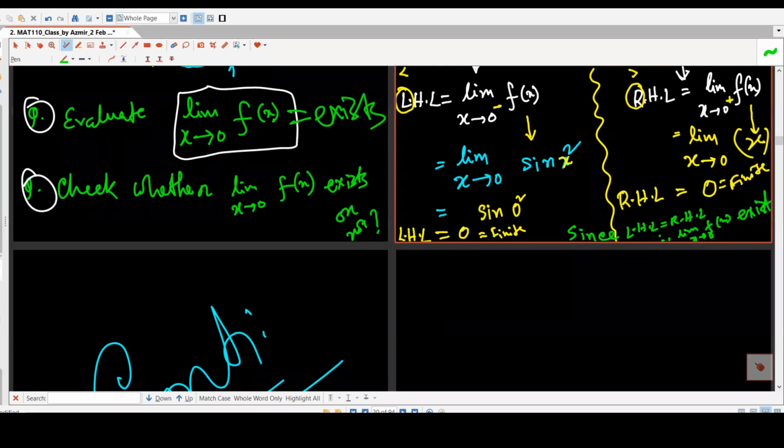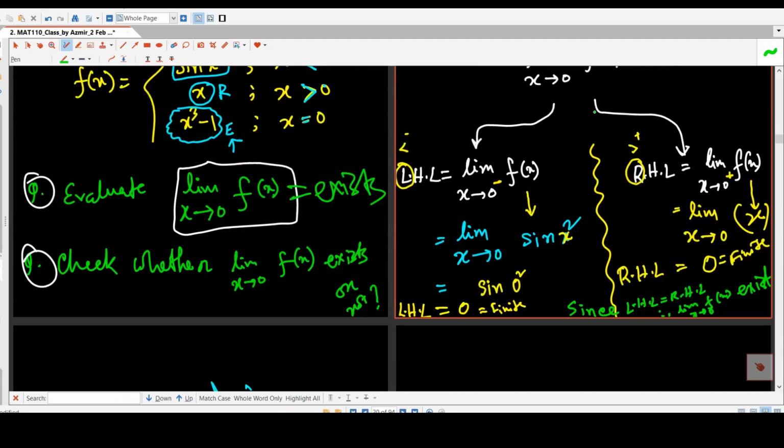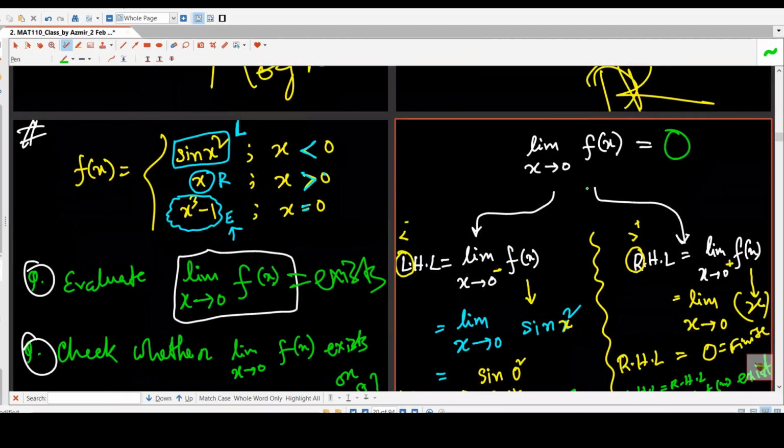What is the value of this limit? It is the same as the left and right hand limits, so it is 0. This is how we can evaluate the limit.